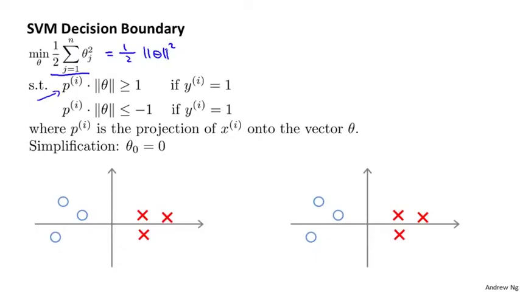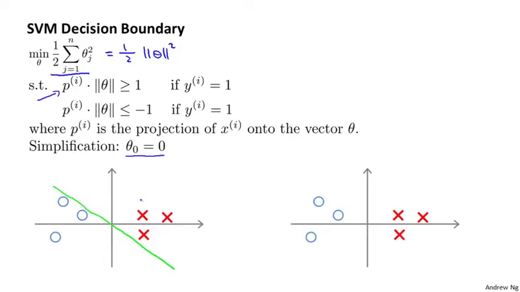So now let's consider the training example that we have at the bottom. And for now, continuing to use the simplification that theta 0 is equal to 0, let's see what decision boundary the support vector machine will choose. Here's one option. Let's say the support vector machine were to choose this decision boundary. This is not a very good choice because it has very small margin. This decision boundary comes very close to the training examples.